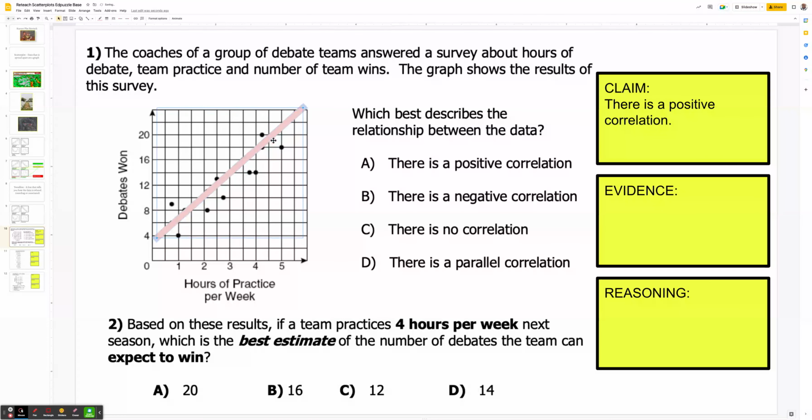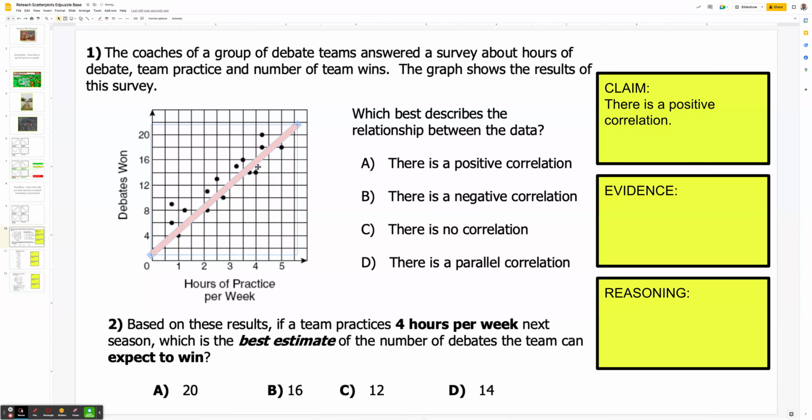That's if we had drawn our trend line above the data, you would have picked 20 and you would have been incorrect. The other option was C, 12. If you had drawn your line below all the data, you would have said about 12 and you would have been incorrect. If you drew it right on the line, you would have said about 14 and you would have been incorrect.